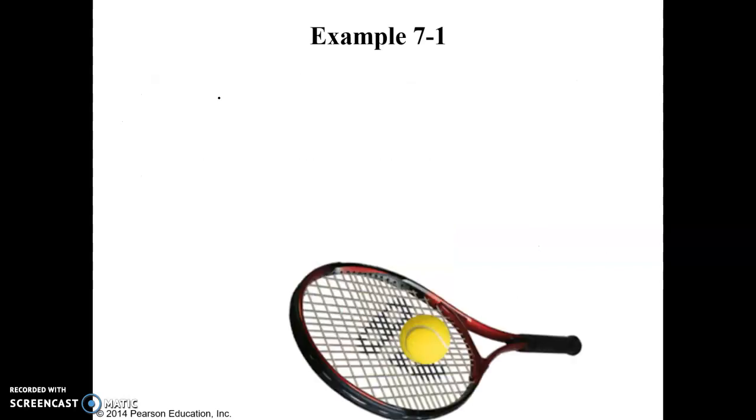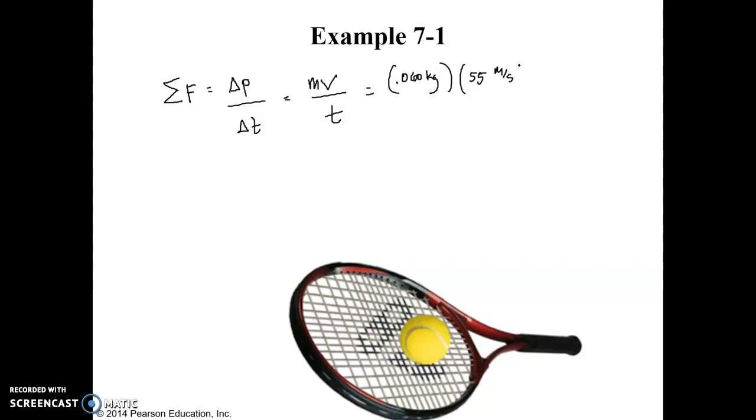So as we said in a previous slide, the sum of forces equals the change in momentum over the change in time. And the change in momentum is m delta v over t. So our mass was 0.060 kilograms. And the change in velocity we already determined was 55 meters per second.